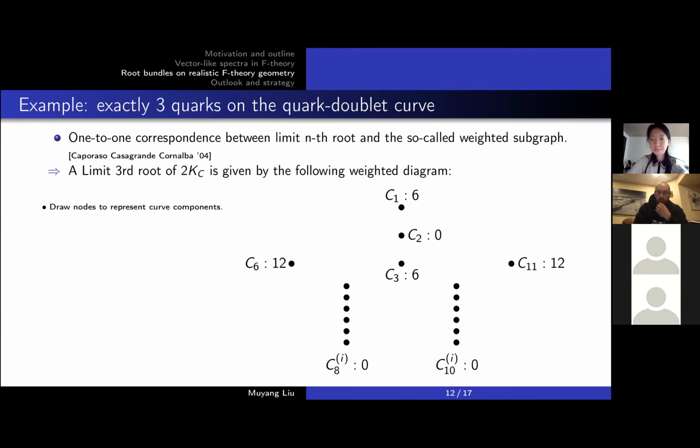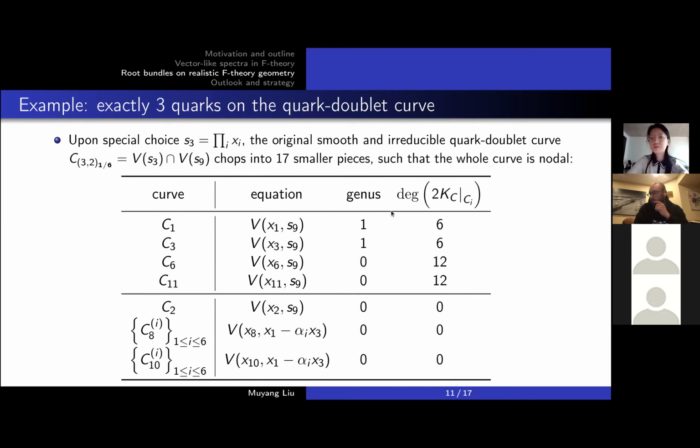Recall that's the genus information of our matter curves here. I didn't understand that. The genus is the subscript on the curve? Oh, no. The genus is not the subindex of the curve. The genus is listed here. We use 1, 2, 3, 4, 5, 6 to label the curves. That's it.